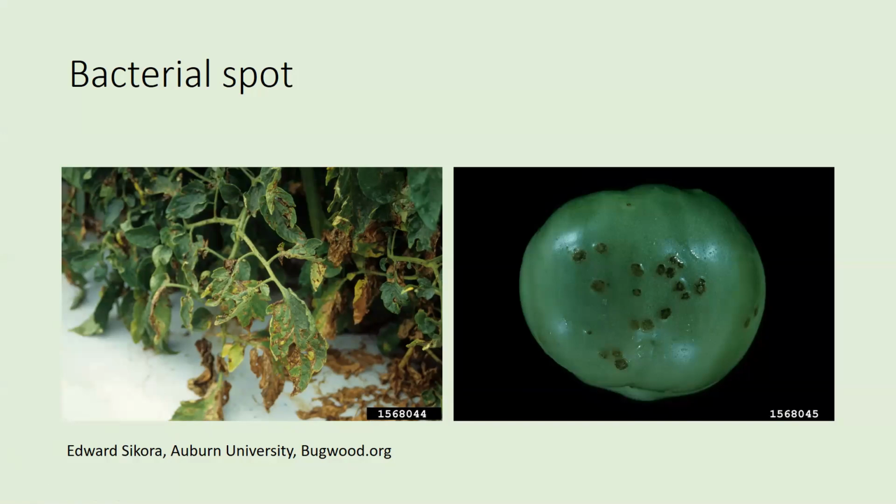If it splashes, it can transfer away. So you don't want to work them if you can help it when they're wet. This is actually a seed-borne pathogen, and you want to try to avoid overhead watering. With a seed-borne pathogen, you want to get certified seeds that are disease-free.